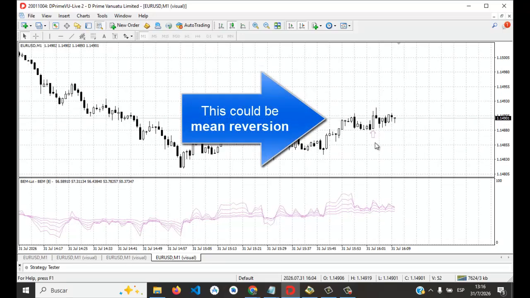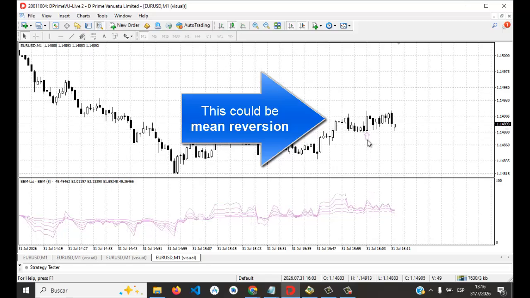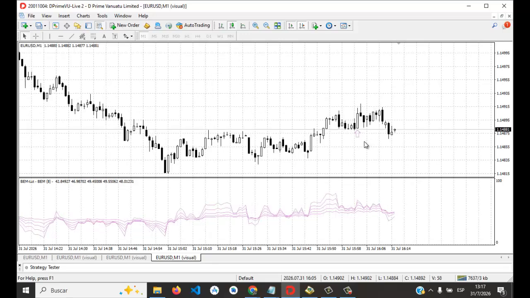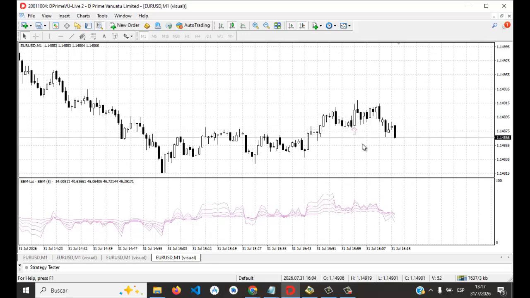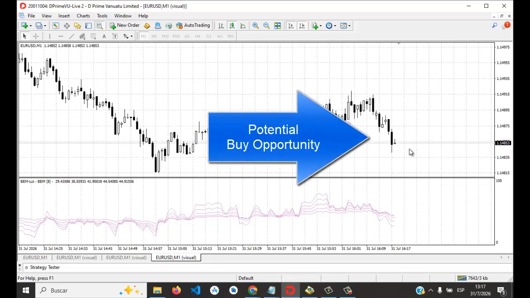This could be mean reversion. There is a potential buy opportunity.